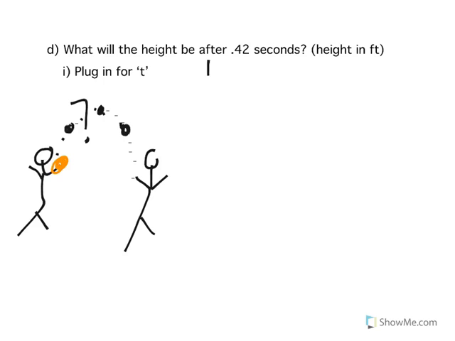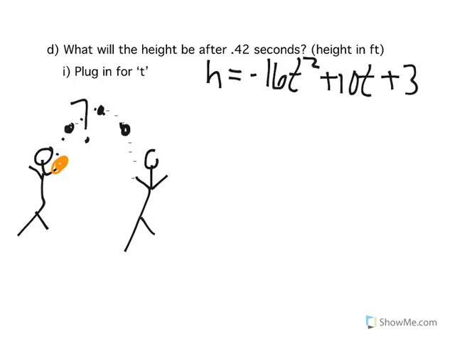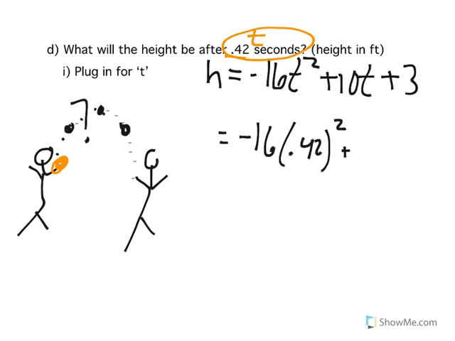We're using the same equation that we did for all the parts so far: negative 16t squared plus 10t plus 3. This time we're given a time. We're told that the time is 0.42 seconds. What's the height? So we're going to plug 0.42 in for t. Negative 16 times 0.42 squared plus 10 times 0.42 plus 3.